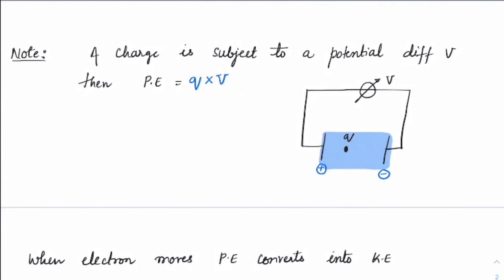Potential energy or the electrical work is always given as potential difference multiplied by the charge. This capital V which I have written is actually the potential difference. So the potential energy or the work done on this charged particle would be q into the potential difference. How would this help us?